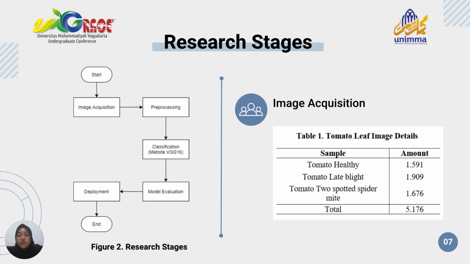The dataset used for the classification of tomato leaf disease in this study is secondary data of tomato leaf images obtained from Mahesh Babu's Kaggle, which has been updated in June 2022 under the name tomato leaf disease, with a size of 256 by 256 pixels and has a JPG format, and it's labeled tomato healthy, tomato leaf blight, and tomato two spotted spider mite with details in table 1.